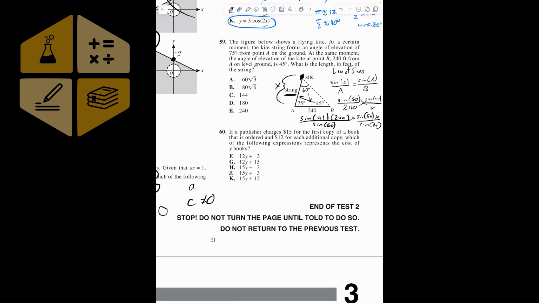So these cancel, and now I get the sine of 45 times 240 divided by the sine of 60. I'm going to put all that in my calculator. Sine of 45 times 240 equals 169.7. Divide that by the sine of 60, and x, the length of the string, equals 195.96 if I'm rounding. There's probably going to be some rounding error in there.